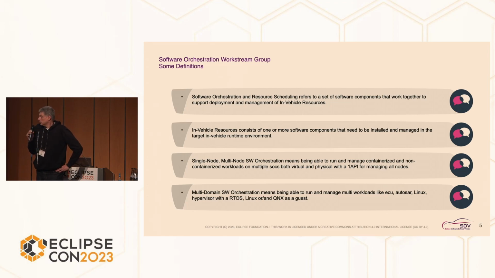The last one is multi-domain software orchestration. That means we have, for example, ECUs with Linux, with AUTOSAR, and RTOS. That would be defined as multi-domain software orchestration.